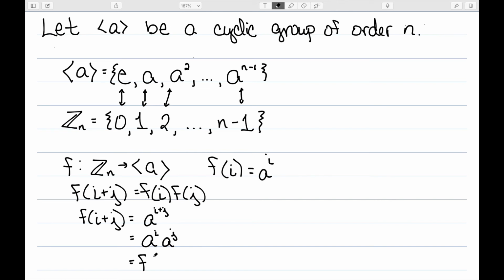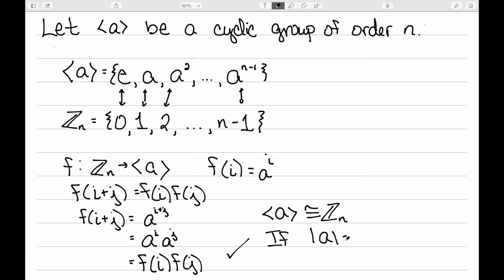A to the i is f of i, and a to the j is f of j. So this is an isomorphism. So if we know that A has order n, then the group generated by A is isomorphic to Zn. In addition, if the order of A is infinite, then we have that the group generated by A is isomorphic to Z using this exact same function.